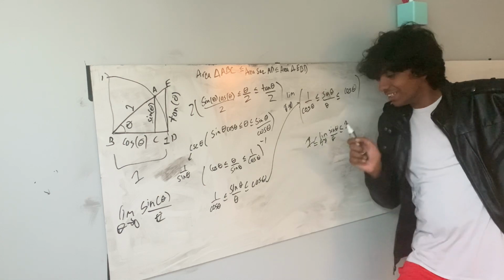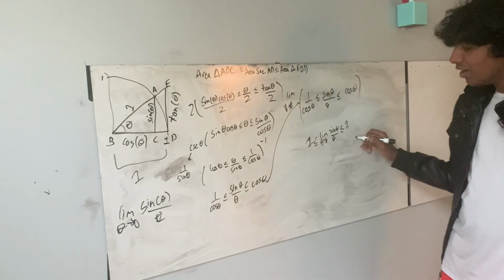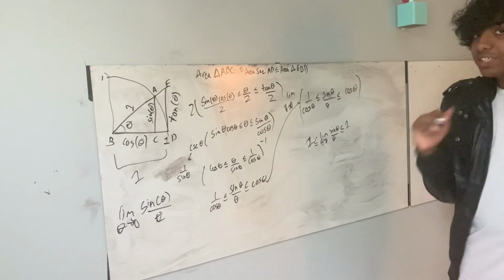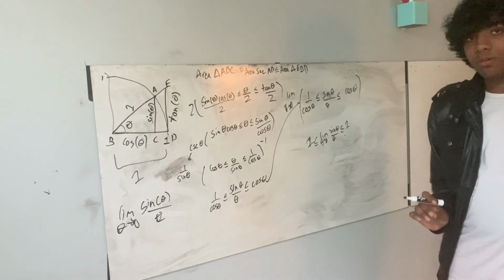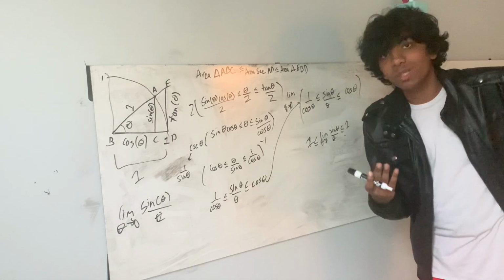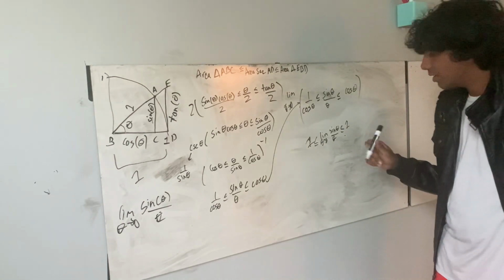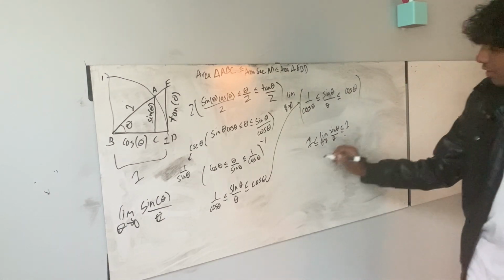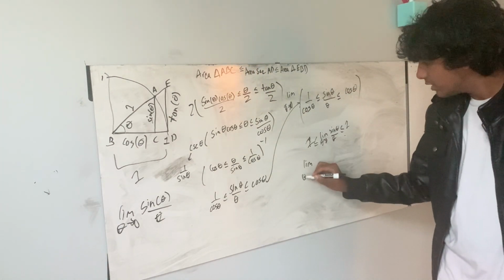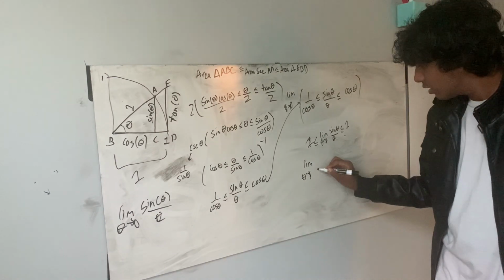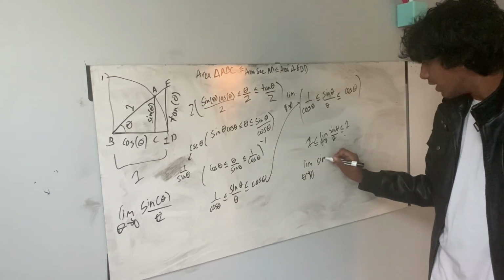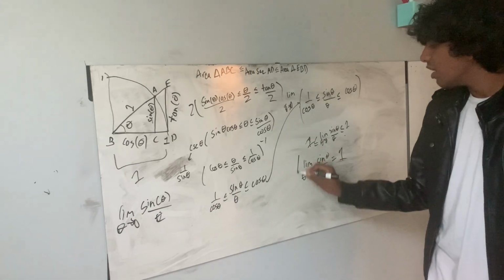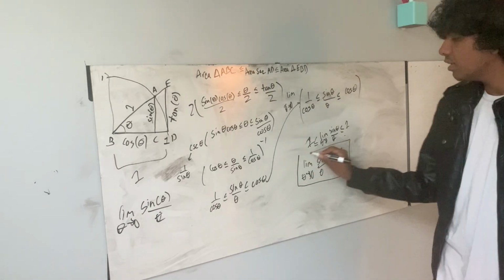You can't. So that means that these are all equal to each other. Therefore, by the squeeze theorem, because we squeezed it, I prefer to call it the sandwich theorem because we sandwiched it, the limit as theta approaches 0 of sine of theta over theta has to be equal to 1. And we are done.